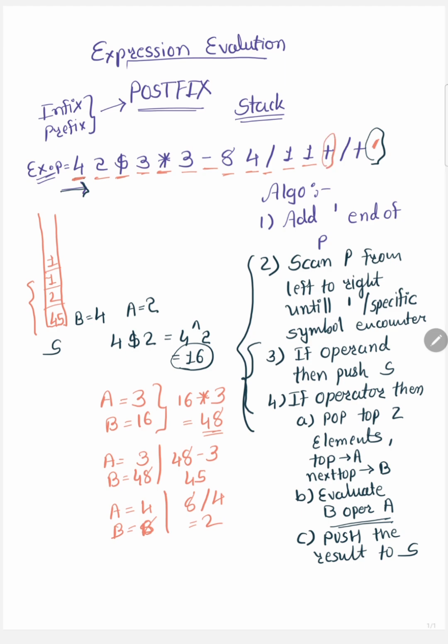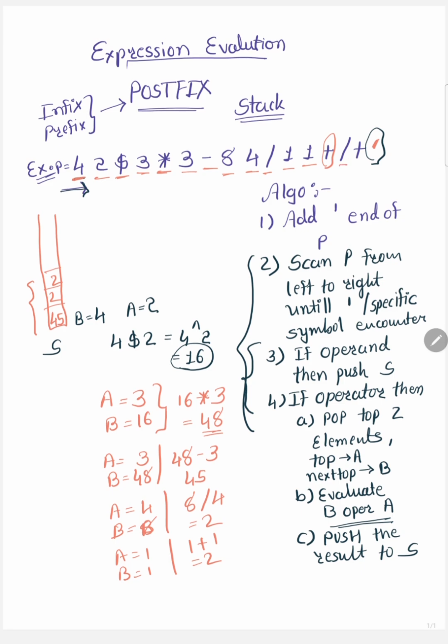Now again I'm having this plus, right, operator, so that's why I need to pop this 1 and 1, right? So my A is equal to 1, B is equal to 1, B operator A, 1 plus 1, that I'm getting 2, right? So this 2 I'm pushing it over here, right?